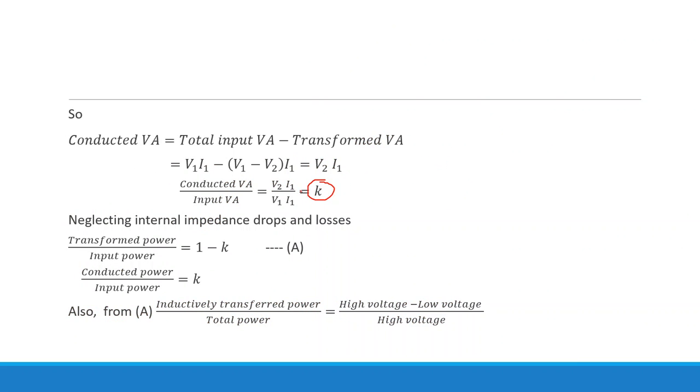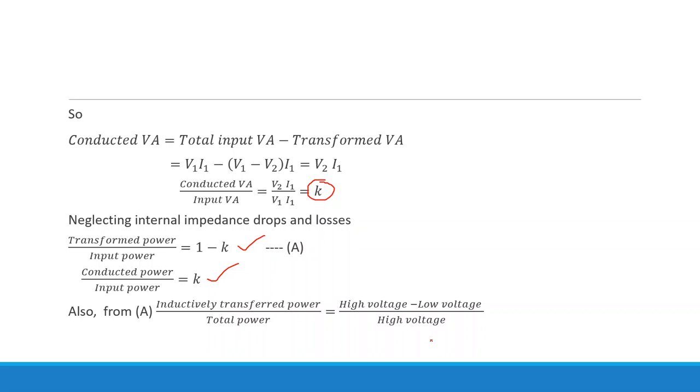We can neglect the internal impedance drop or leakage impedance drop. So we can determine transformed power to input power ratio, that will be given by 1 minus K, and the conducted power divided by input power, that will be given by K. So these are two important expressions which we need to keep in mind. From this expression also we can write this inductively transferred power divided by total power equal to high voltage minus low voltage divided by high voltage.